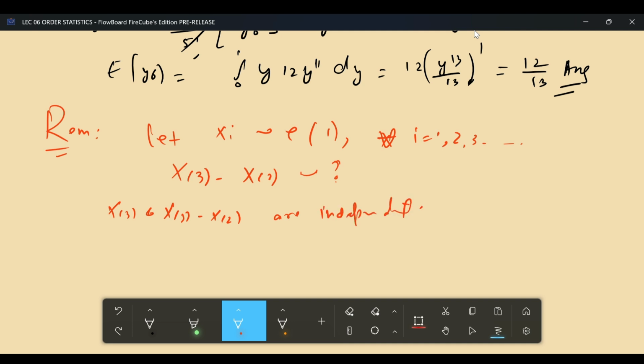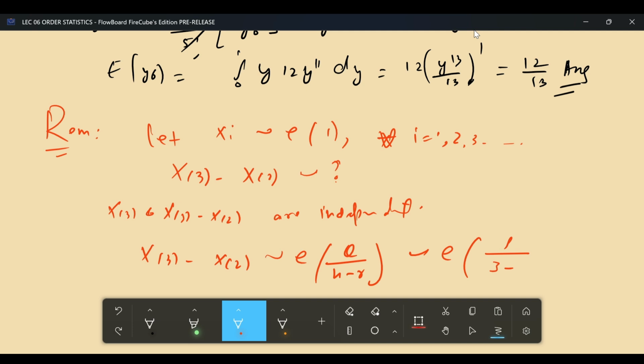Whenever you find the order statistics, do one thing, assume that they are independent. Actually they are independent. Then what is the distribution of x3 minus x2? Remember this will follow exponential theta over n minus r.